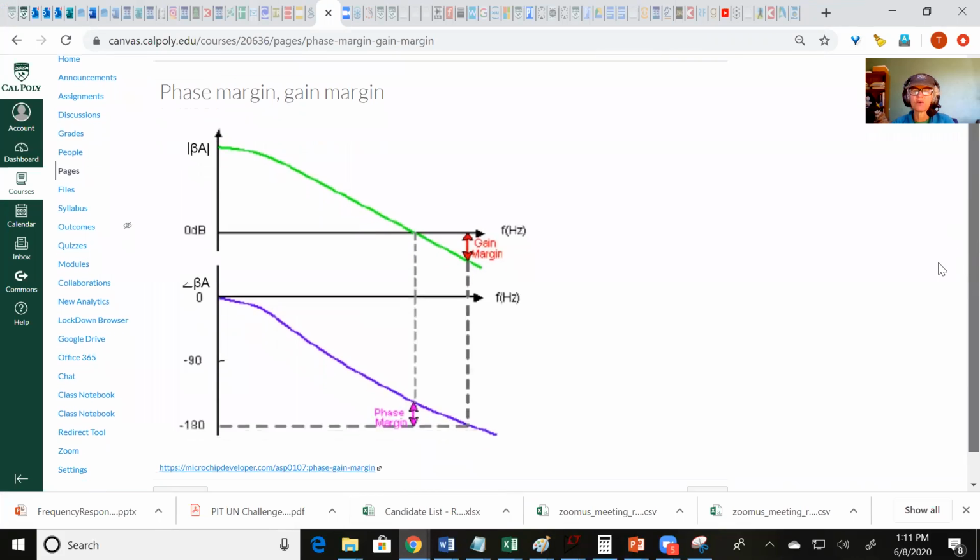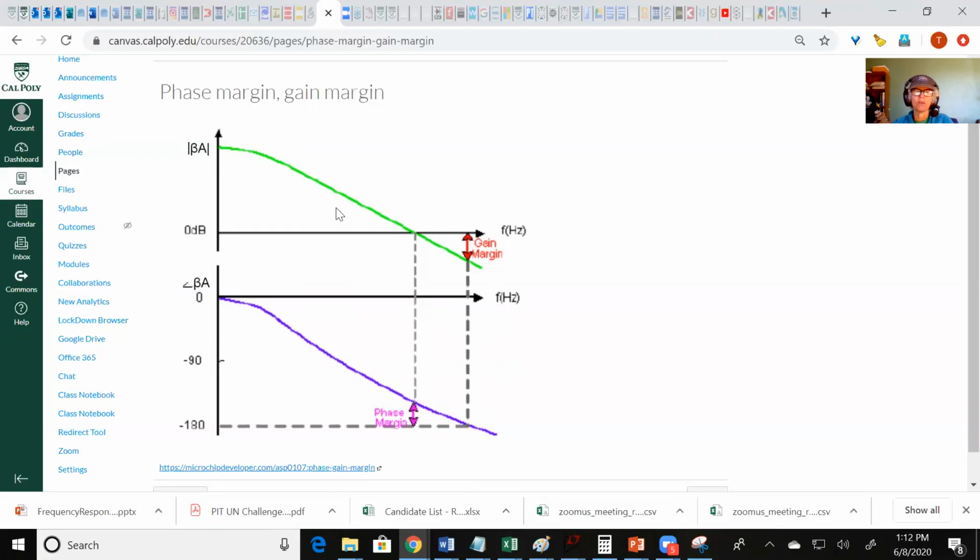And if you've had 302, you probably are comfortable with these terms, but just to be complete here, the phase margin and gain margin talk about when you have an op amp and you have two poles. This isn't drawn very well for two poles, but at some point over here there are two poles that cause this 180 degrees phase shift.